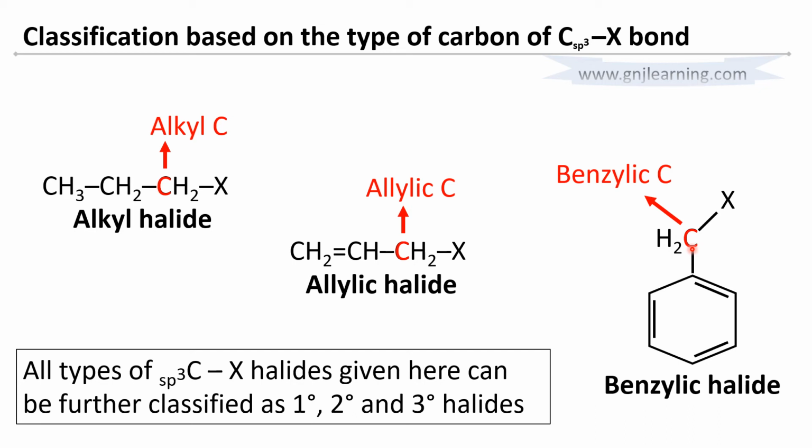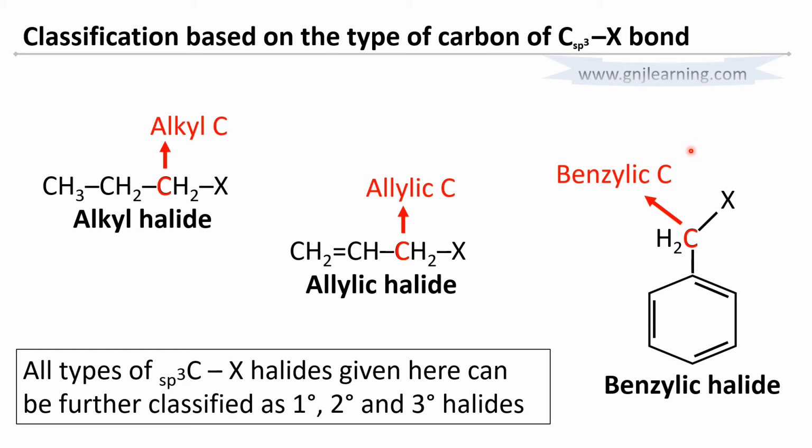So before going to the next slide, let us recollect. In the first type of classification, we have seen that haloalkanes and haloarenes can be classified according to the number of halogen atoms in them. So it can be mono, di, tri, and so on. Clear?